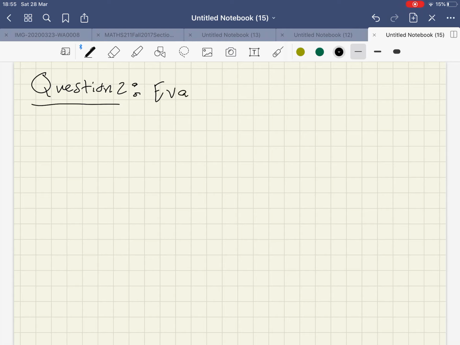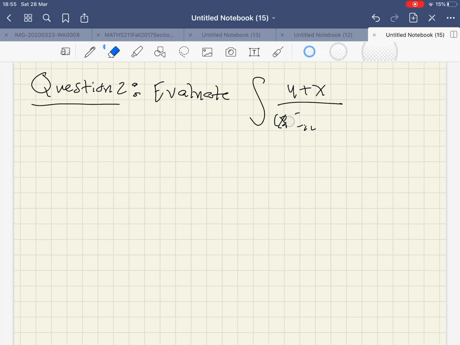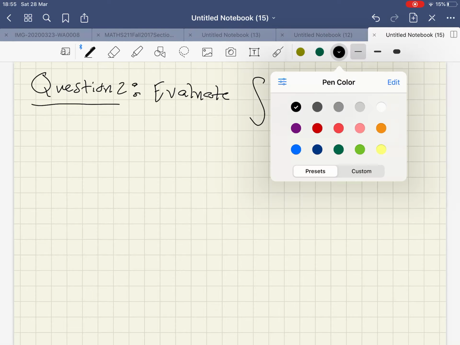Evaluate the integral of (4 plus x) over (3 minus x)(1 plus 2x) dx.